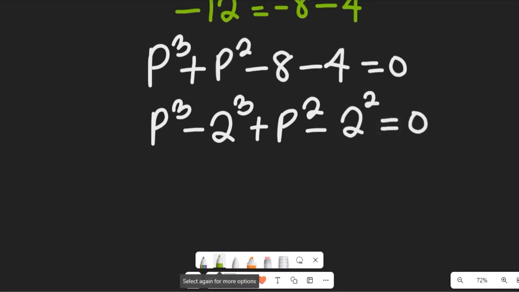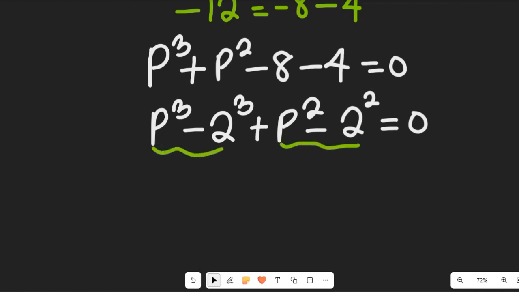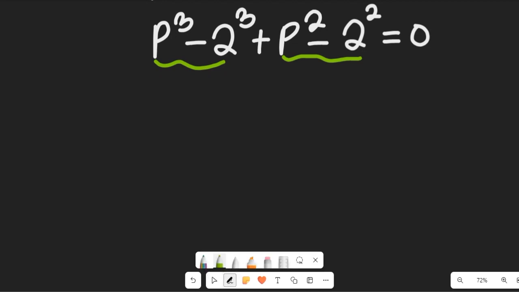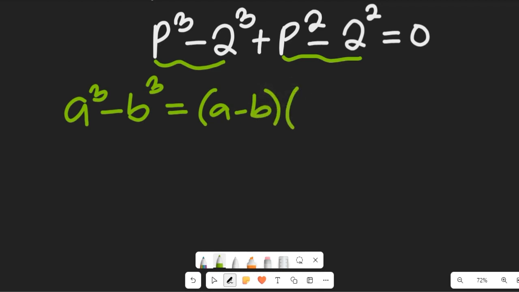Now I want us to consider these two expressions and then convert them to algebraic expressions. We recall that in algebra, if you have a to the power of 3 minus b to the power of 3, this is equal to a minus b multiplied by a squared plus ab plus b squared, right?